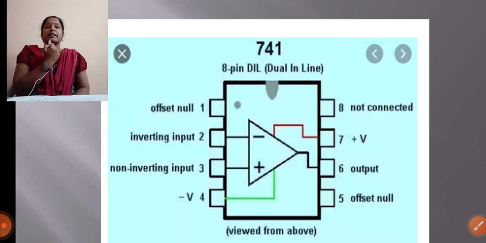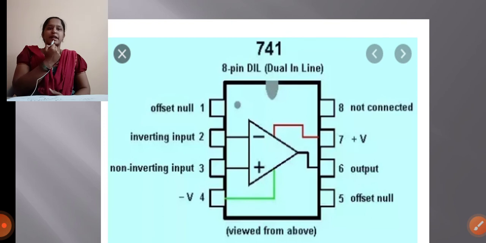Next are the applications of the operational amplifier. The operational amplifier is a versatile device. Why can we call it a versatile device? It can be used to amplify DC as well as AC input signals, right?